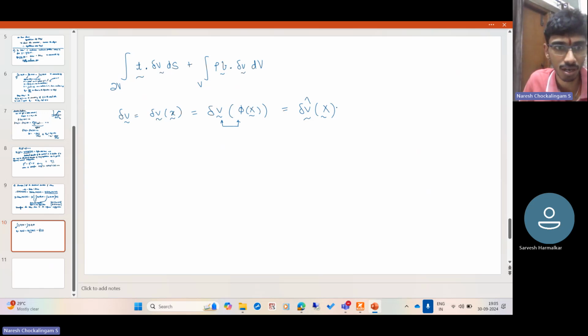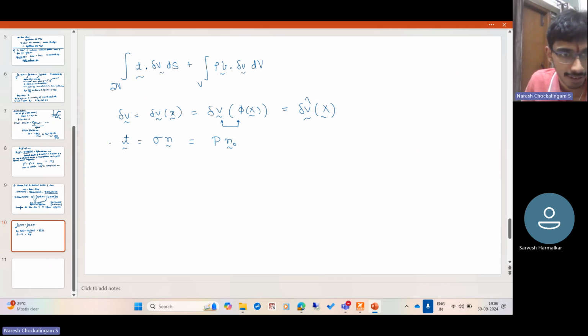So this can be transformed. What about the tractions? Traction is nothing but sigma n, and you can also write this as P n naught, where P is the first Piola-Kirchhoff stress tensor, and n naught is the normal.